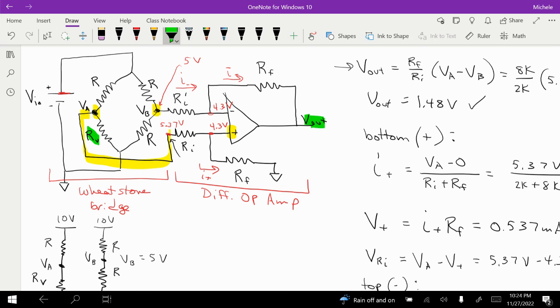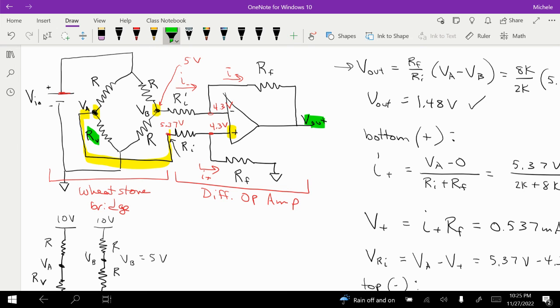Or maybe you have something that could decrease the temperature, like turning on a fan. You could use this signal, that V out, to control another device that controls that RV, so we can have a controller for the temperature, because we're measuring the temperature and feeding that into something that changes the environment, which changes the temperature, which changes the resistance.